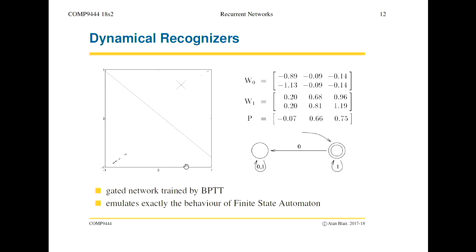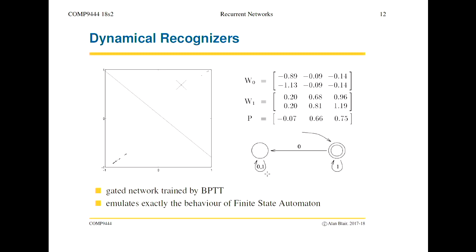As you process these symbols, you transition from one state to another. You start out in this state, and if you see a 1, you stay in this state. But if you see a 0, you go to that state.